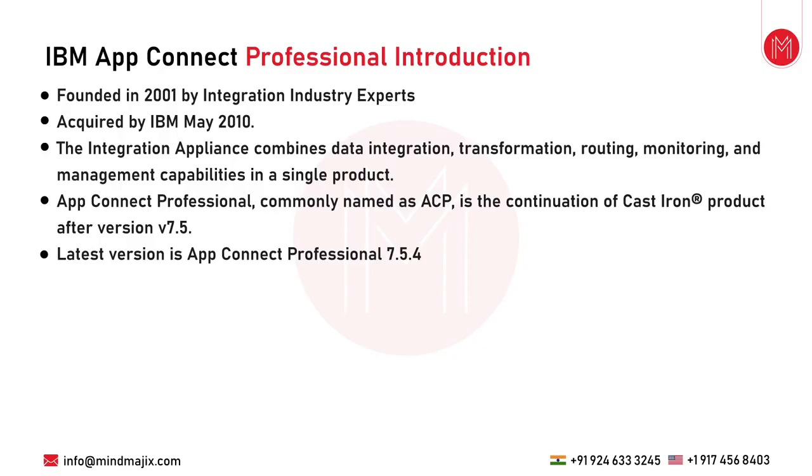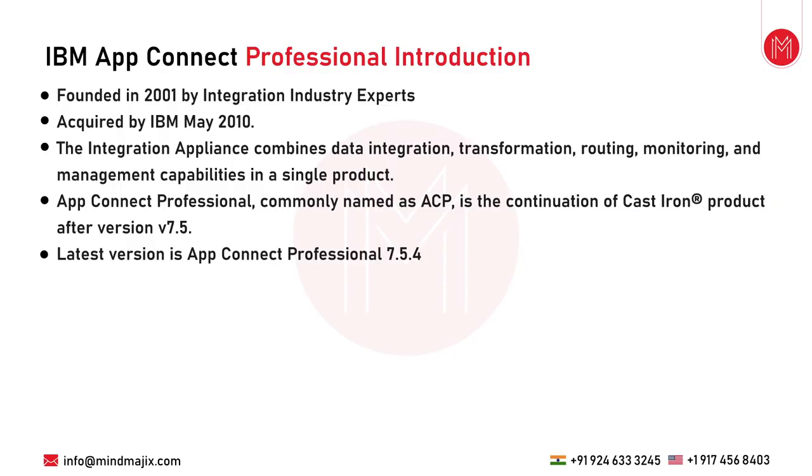Now, before going to the next slide, I would like to tell you why we have to choose IBM App Connect Professional when there are other middleware tools also, like IIB and MuleSoft, right? IIB is also an integration tool, but we cannot connect to Salesforce actually.